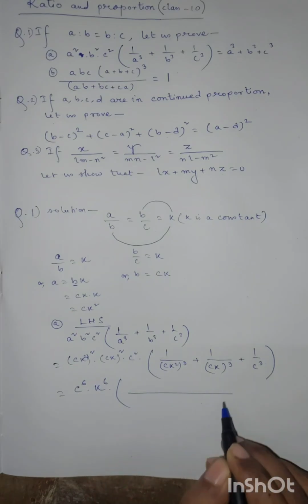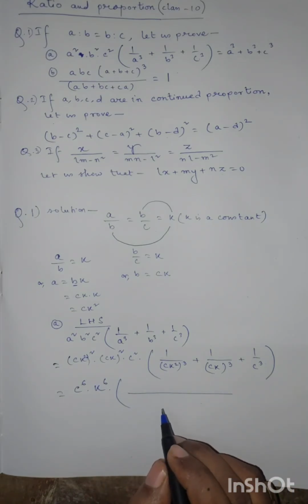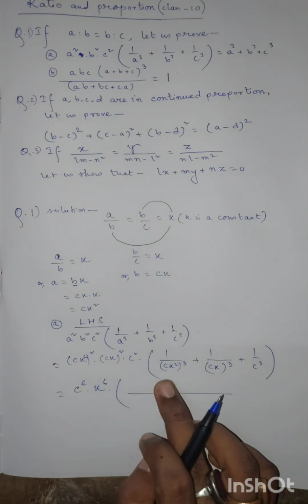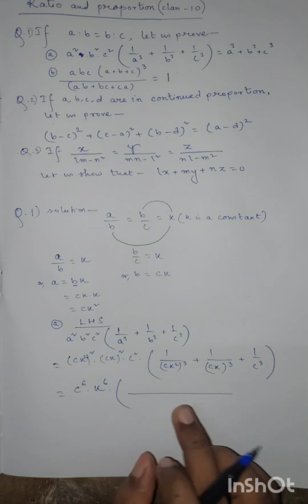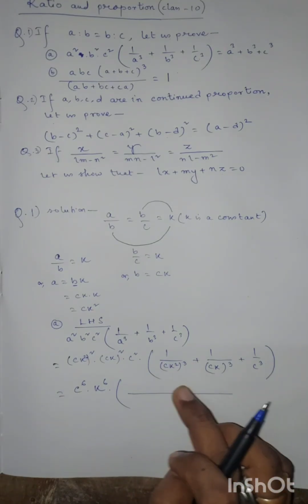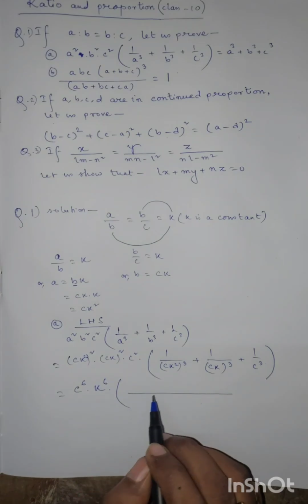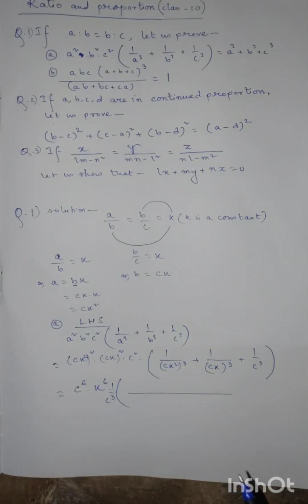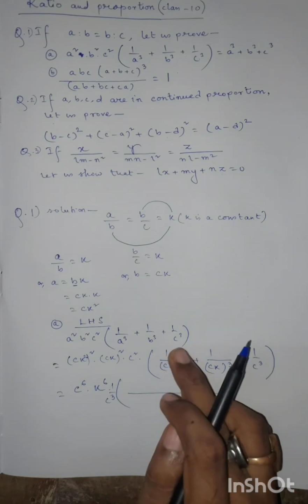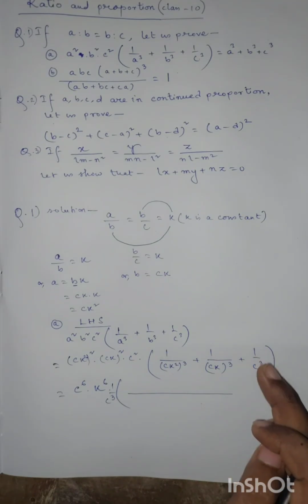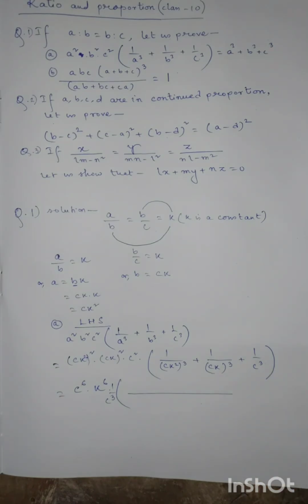we can write the LCM. We can take c cube common because all these three terms contain 1 by c cube, so we can take that common, 1 by c cube. So the first term is 1 by k to the power 6, second term is 1 by k cube, and the third term is 1.